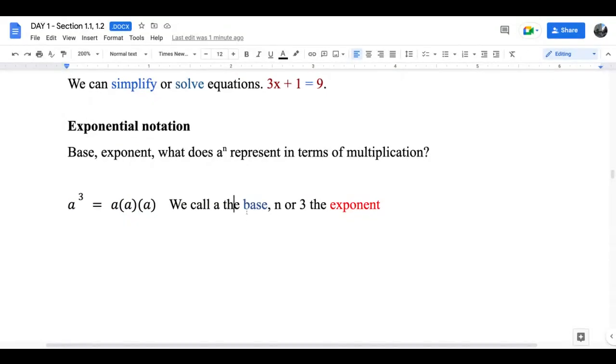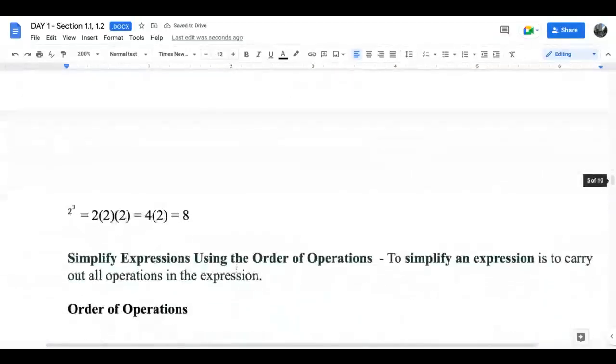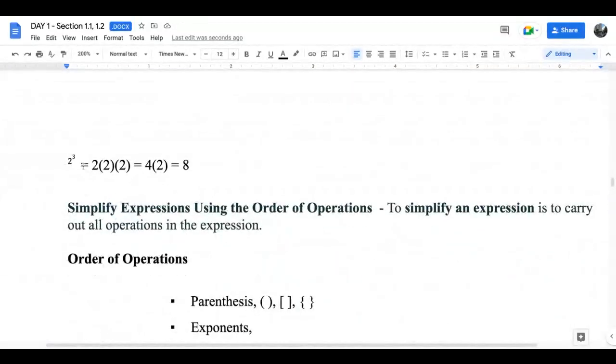So a is the base, and 3 in this case is the exponent. 2 to the 3 equals 2 times 2 times 2, 3 times, which is 8.